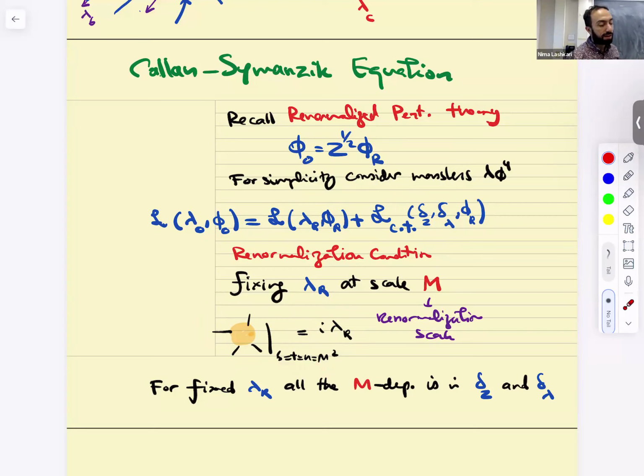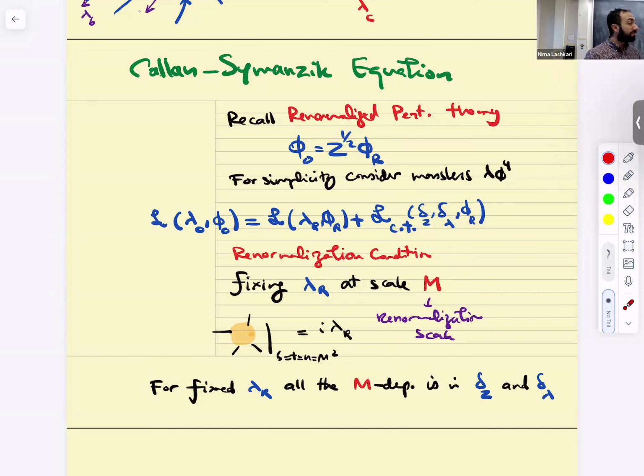This energy scale is the renormalization scale. Now, what this equation does is that you make a fixed choice of lambda_r and a fixed choice of renormalization scale, and it will fix these variables in terms of M such that this holds.